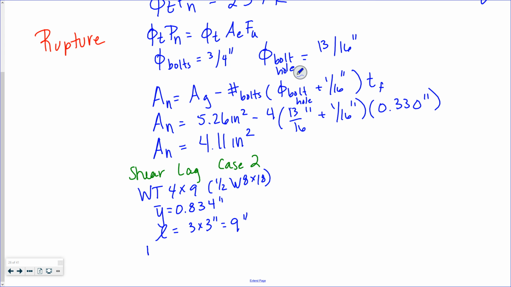So U equals 1 minus x bar over L, which is 1 minus 0.834 inches over 9 inches. 1 minus 0.834 divided by 9 is 0.907.